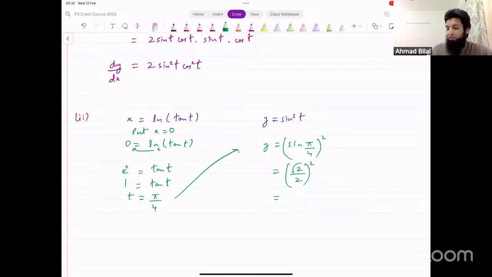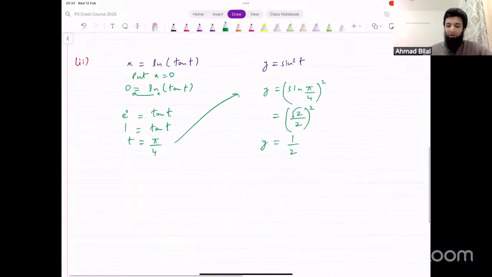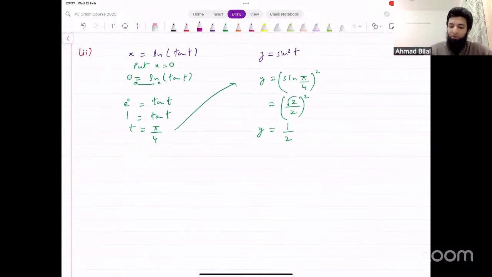That becomes 2 over 4, that's 1 over 2, right? Y equals 1 over 2. So now you know the point that we're talking about is 0 and 1 over 2. That's one thing that we needed.